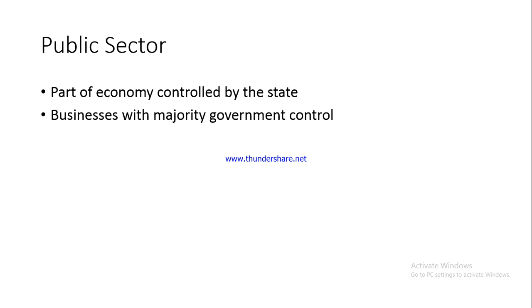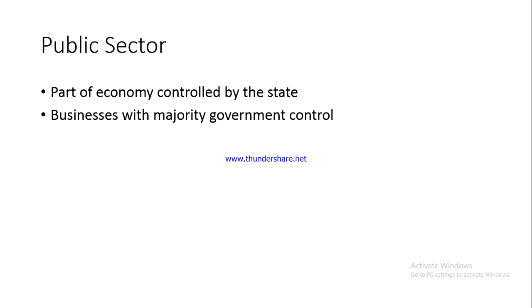Then these are the businesses with majority government control. Most of the control in these businesses is with the government, which means it could be the state government, it could be the central government, it could be some other government, for example the local governments also, the municipalities and the panchayats, and there could be joint ownership also, which means maybe central and the state or state and the municipal corporations, they may be having joint ownership also.